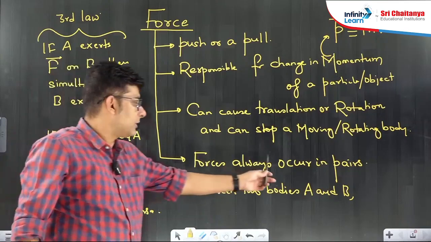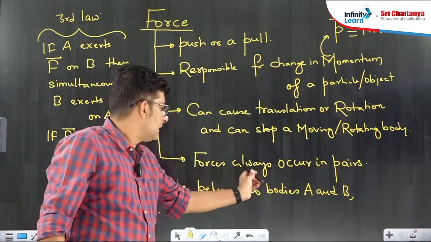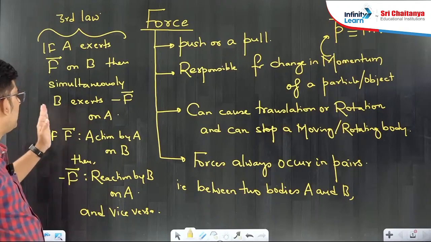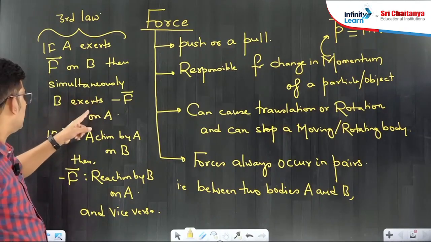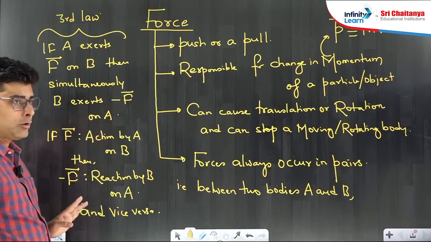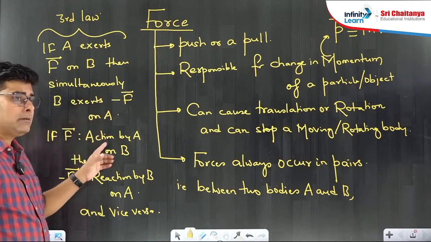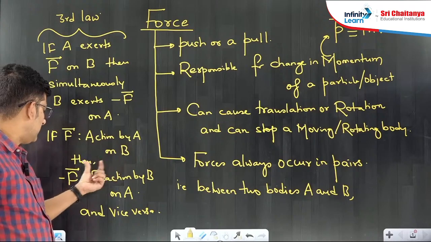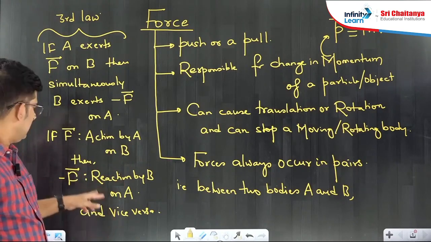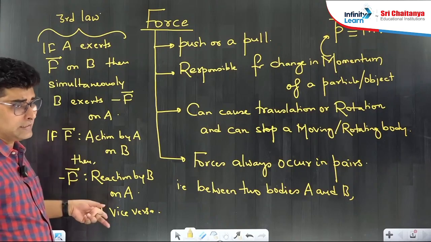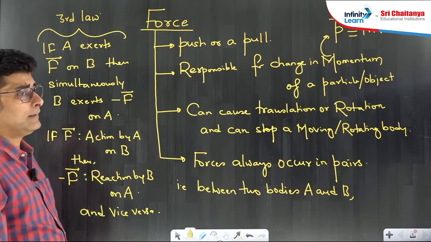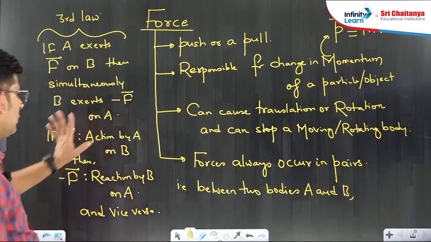So when forces occur in nature, they always occur in pairs between two bodies A and B. If one body exerts a force F vector on B, then simultaneously B will exert a force minus F vector on A. If F vector is called action by A on B, then minus F vector will be reaction by B on A, and vice versa. So these names can be interchanged. Any force can be called action, the other one will be called its reaction. Is it clear to all of you?